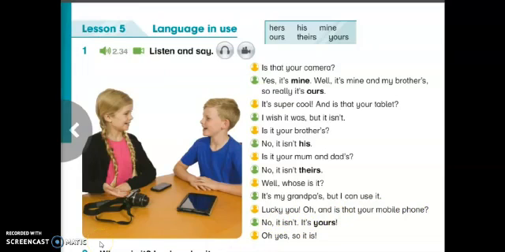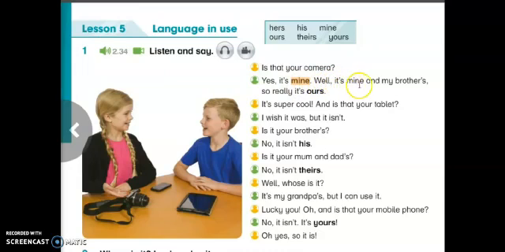My students, now let us explain this dialogue. This girl asked the boy, "Is that your camera? هل هذه الكاميرا لك؟" And he answered, "Yes, it's mine." So here he used this possessive pronoun which is mine. Mine إنها لي.